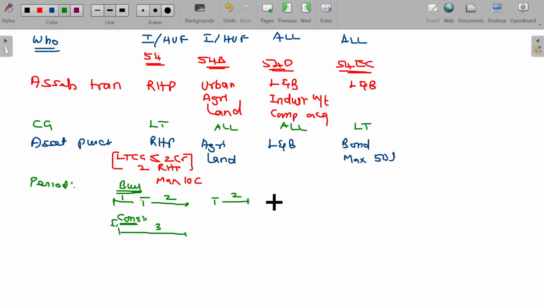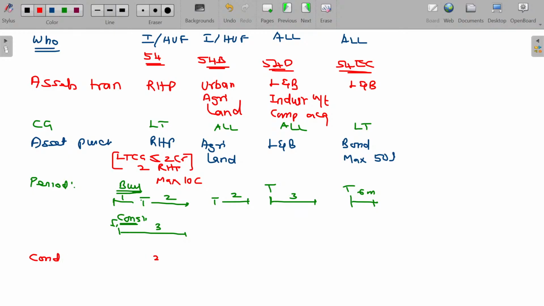In case of land and building used for industrial purpose, from the date of transfer within 3 years you can buy. In this case, within half year, or 6 months, from the date of transfer you have to buy. Clear?